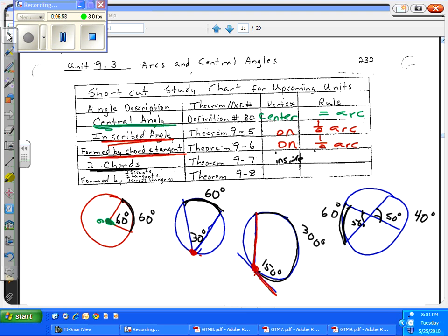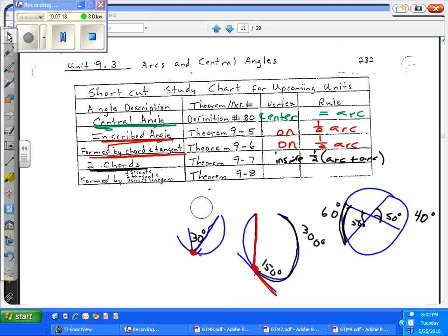If the vertex is inside the circle, but not the center, then the angle is equal to 1/2 the sum of the arcs, or the average of the intercepted arcs. And then the last scenario, we're just going to make some space because it's got three possibilities.